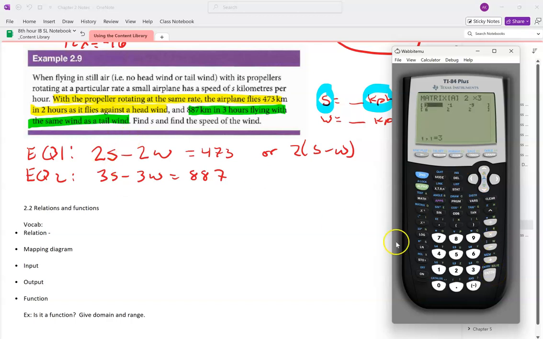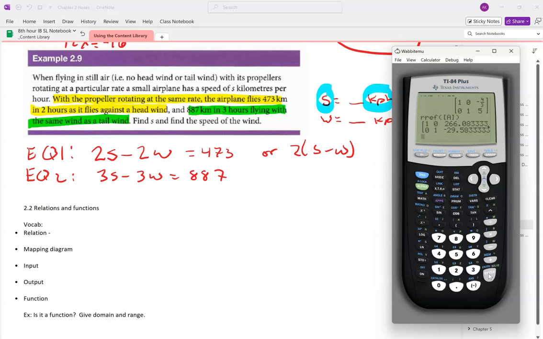All right, so I'm going to solve that system via a matrix because, boy, that's quick. And the numbers here are kind of nasty, and it makes life real easy if you're good at it. So there's my answer.